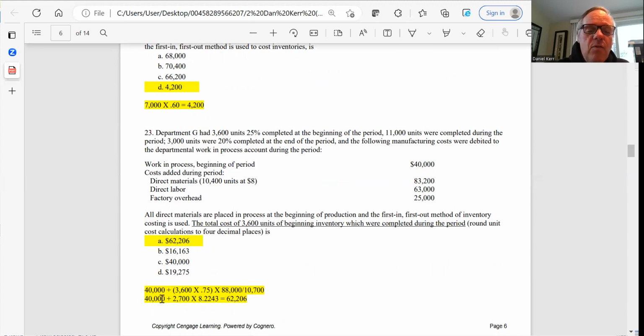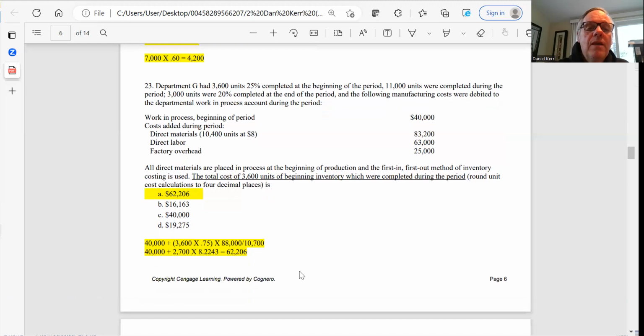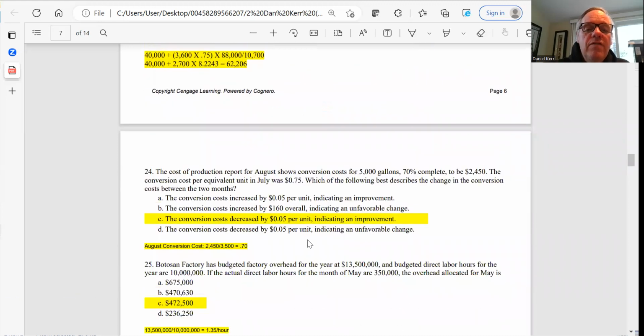So that's 40,000 plus 2,700 units, which was the equivalent units for the beginning inventory work done this period, and your conversion cost, this is your cost per unit. So that gives you $62,206.